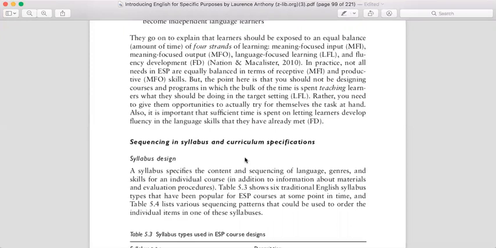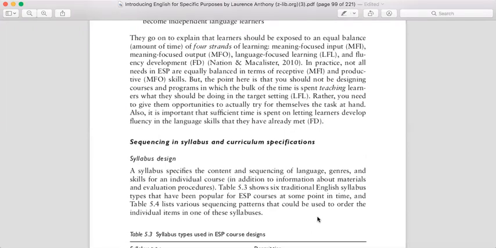Because you have decided the learning objectives, then you sequence those objectives, and on the basis of that you develop a syllabus. So as you sequence your objectives, so would you sequence your contents in the syllabus, right? A syllabus specifies the content and sequences everything: language, genre, skills, whatever you have to teach.